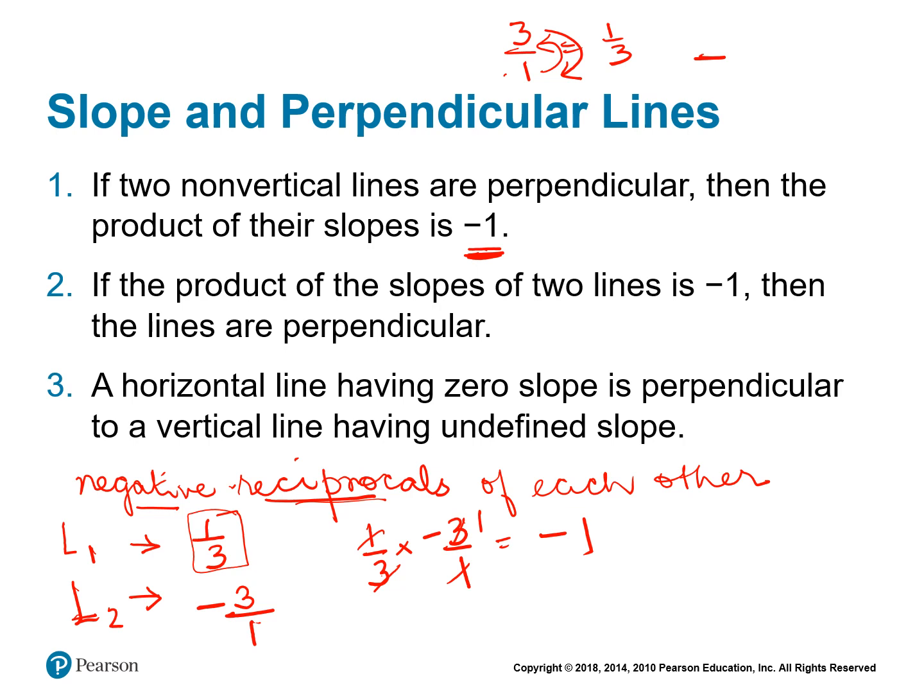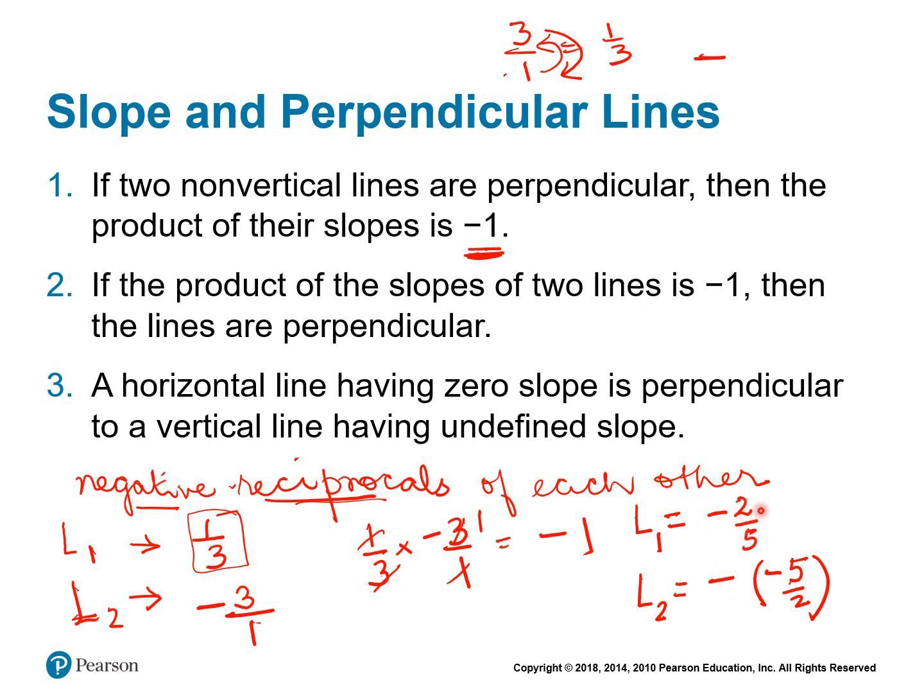Similarly, let's take another value for slope. Let's say L1 has a slope of -2/5. Then L2 will be the negative reciprocal, -5/2. How so?